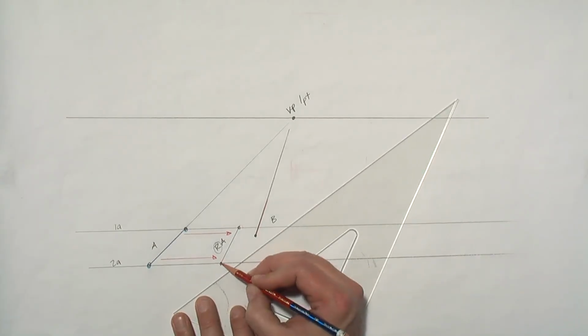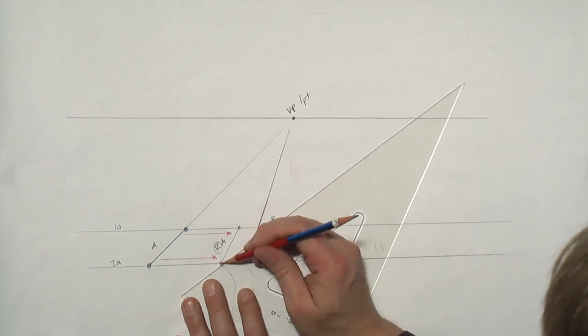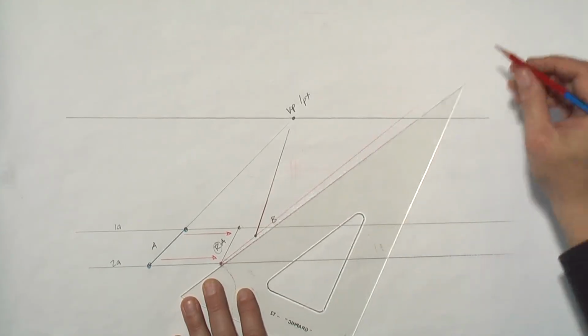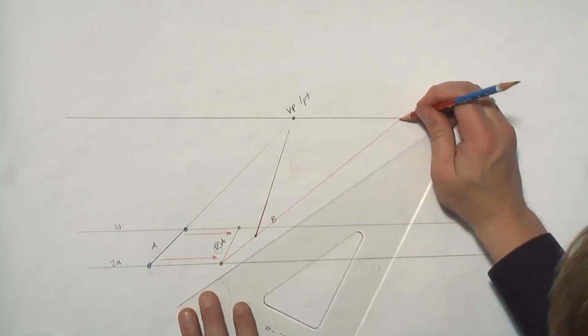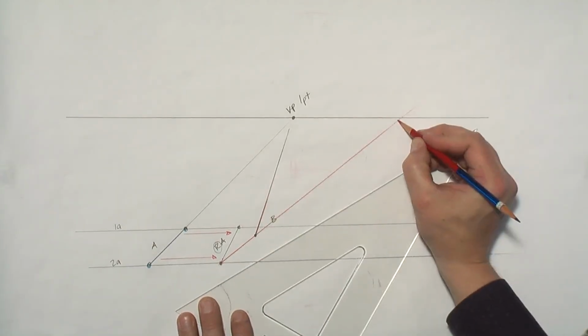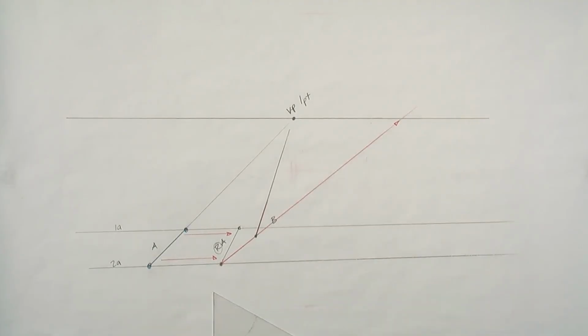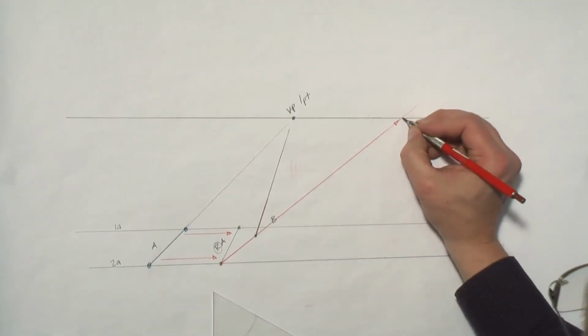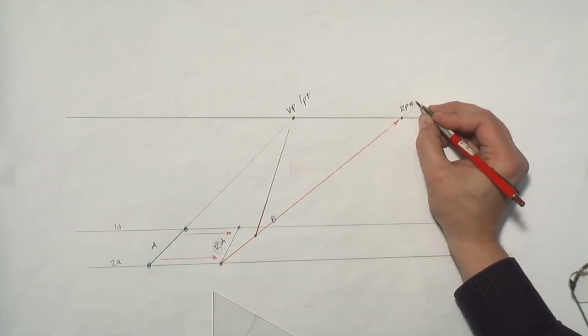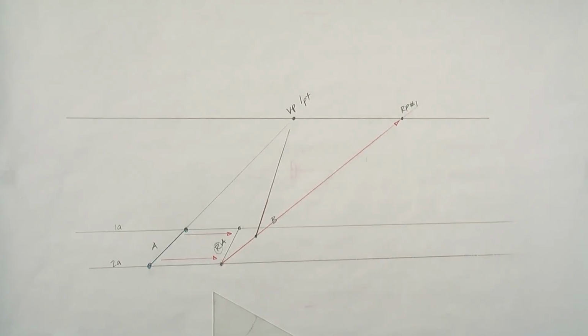We're going to go from the head of referenced A, through the head of B, to make a reference point on the ground all the way to the horizon. Let me make that darker, all the way. And I'll say that's reference point number 1. That's the first one we needed to make.